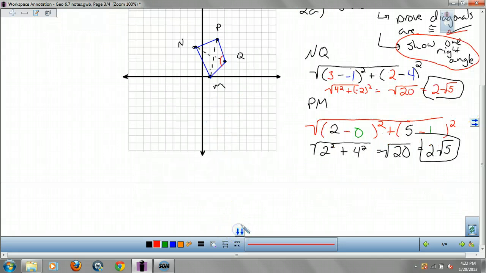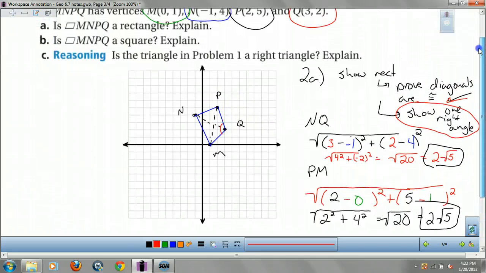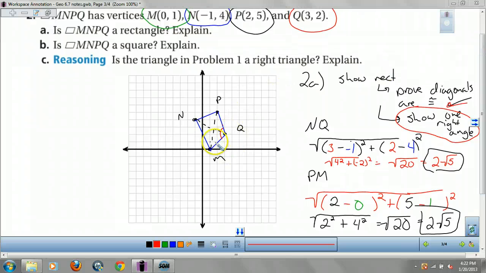How do we find out if these are right angles? If you guys said find the slope, you are correct. So let's find the slope of MQ.